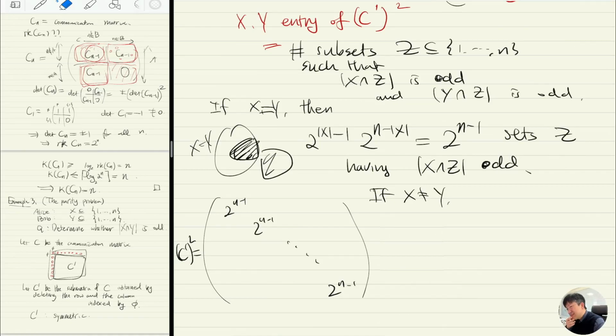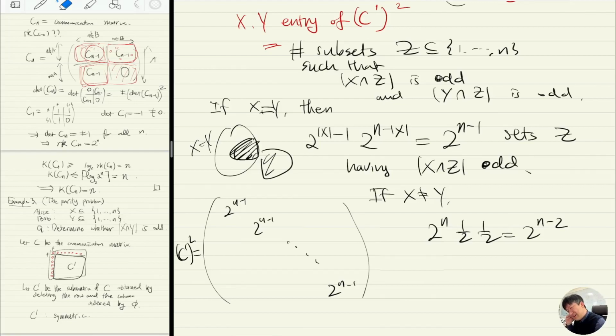Right? One easy way to count it is: among all 2 to the n sets, half of them will have an odd intersection with x, and half of them have an odd number of intersections with y. So this is 2 to the n minus 2, and you can check easily.